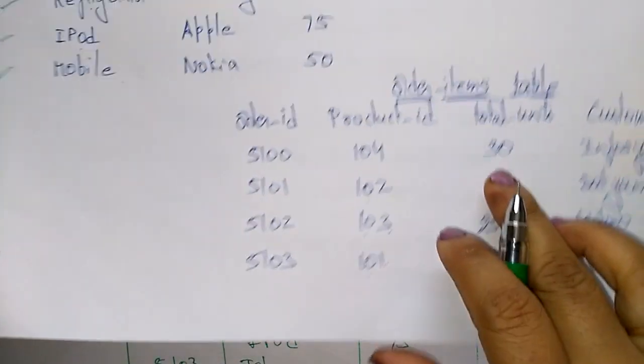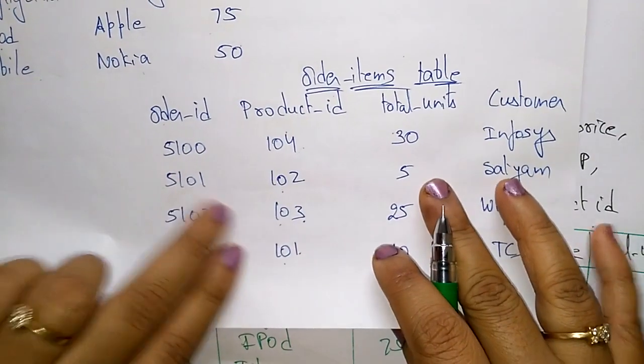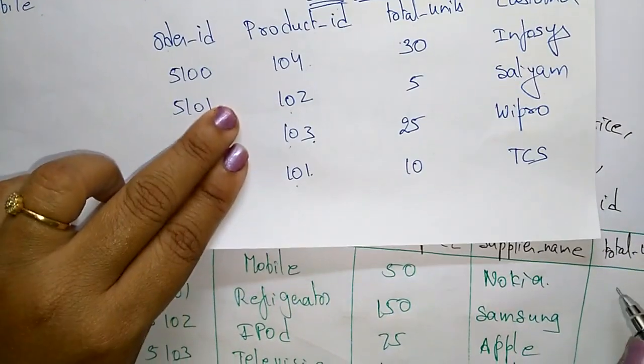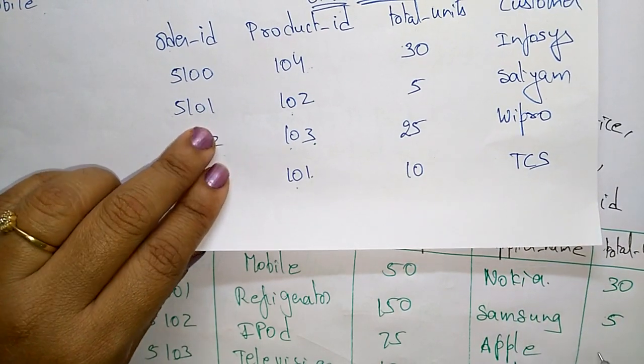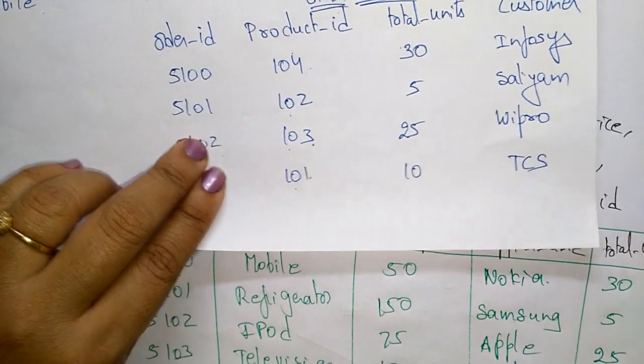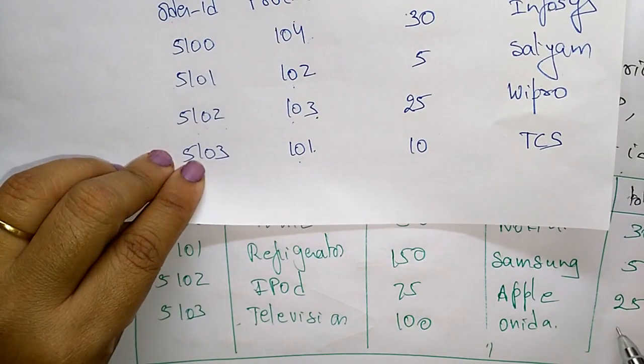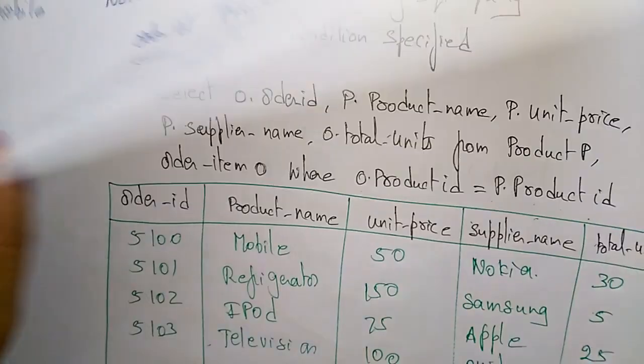Now the total units: mobiles are 30, refrigerators 5, iPods 25, and televisions 10.